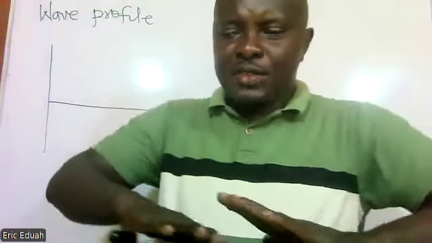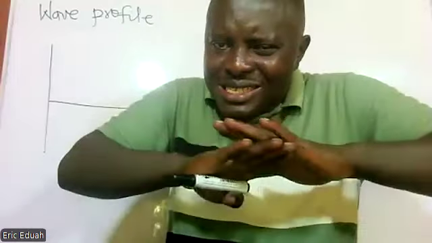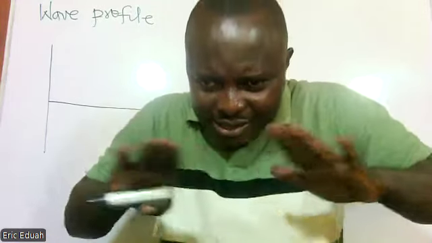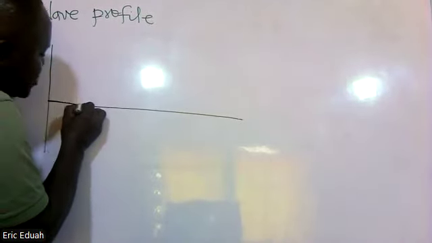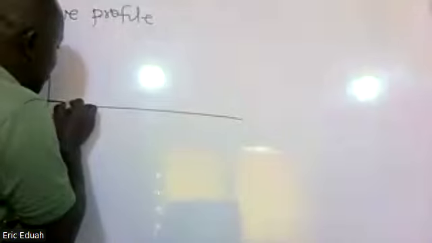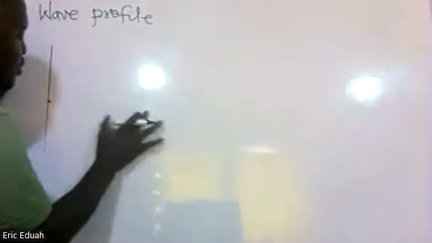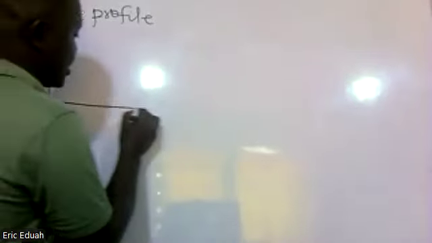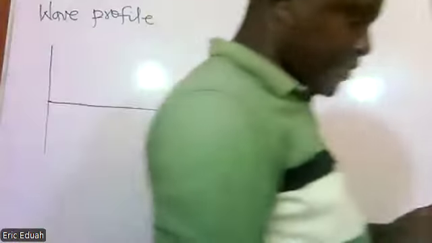When the surface of the ocean is not disturbed by any external energy, the water is undisturbed, just quiet. When it is quiet, we use the horizontal axis to represent the equilibrium position of the water, its undisturbed state.